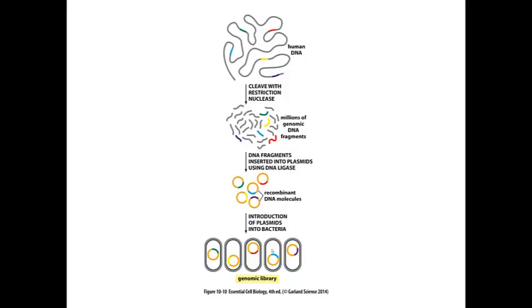So I've always thought the word library is a little confusing, because to me a library is a repository for books from many, many different sources that come from different authors and different publishers and different places. But a genomic library all comes from the same place, right? It comes from the human genome, or the dog genome, or the yeast genome.